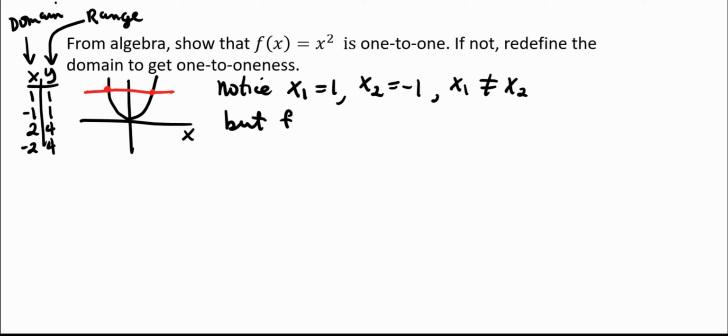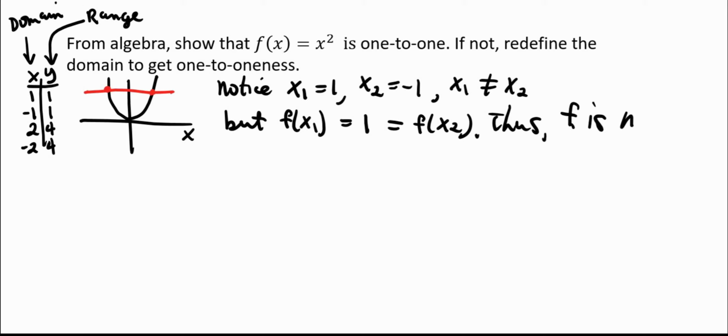But f of x sub 1, which is equal to 1, is the same as f of x sub 2. Thus f is not one-to-one. So as it stands, this function does not have an inverse.